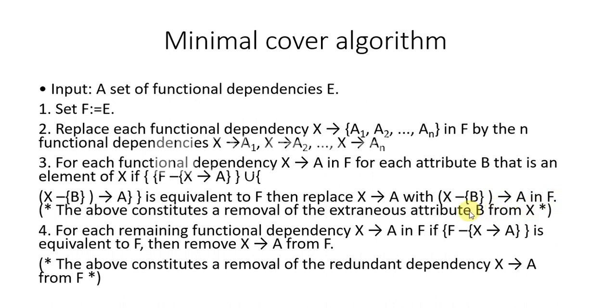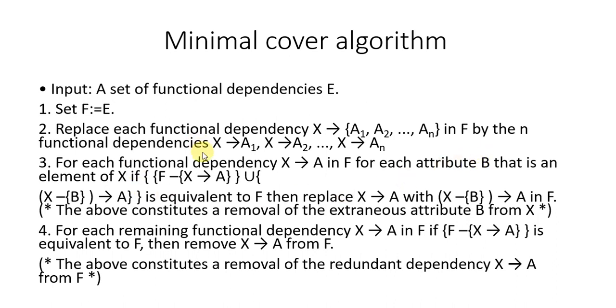So here we again find F dash, which is F minus X to A union X minus B to A. B is removed from X, and this will be equivalent to F. Then replace X to A with X minus B to A in F.